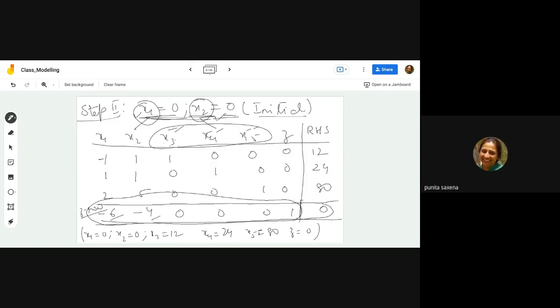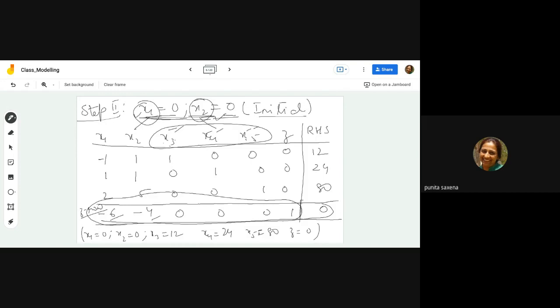Not only this, when we choose a variable which will become independent, it has to be chosen in such a manner that the solution still remains feasible. If you remember the last class where we looked at all the possible combinations, we observed that not all the solutions were feasible.